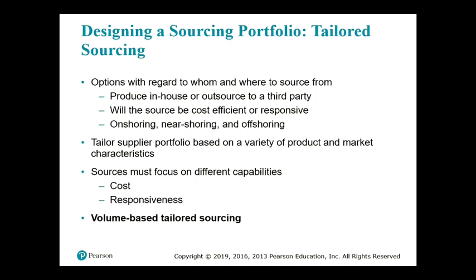An example of this volume-based tailored sourcing is Benetton, who has flexible capacity and more cost-efficient capacity. They ask their buyers to tell them far in advance what their orders are likely going to be, and then they produce that portion on the cost-efficient facilities.